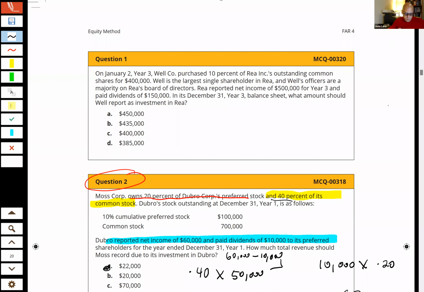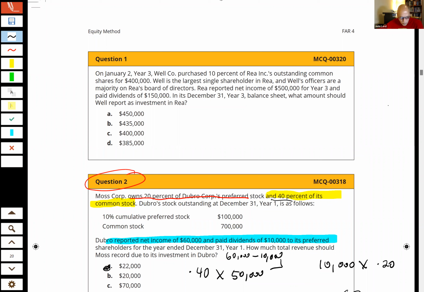Sometimes you might get one right, you might miss one, but let's just take a look. We have on January 2nd, year 3, and I'm a little concerned about the people that picked C and D, because I don't know of a scenario where we start having earnings and investments that come in and the investment account should stay the same, or go down.